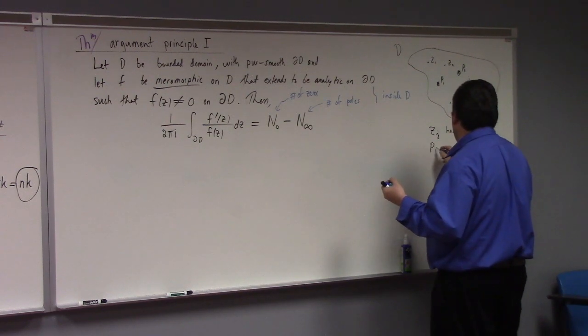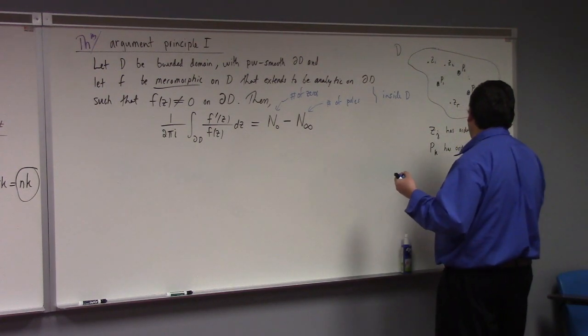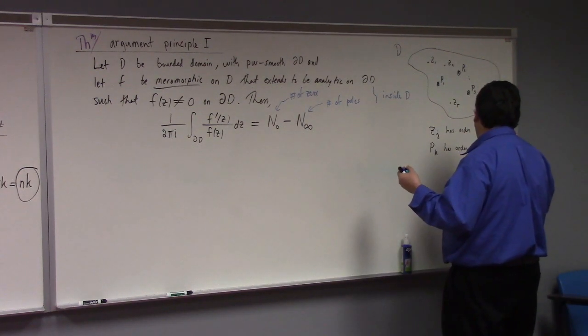So let me say that p sub k has a pole of order n sub k, all right?